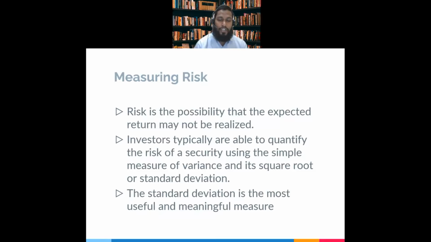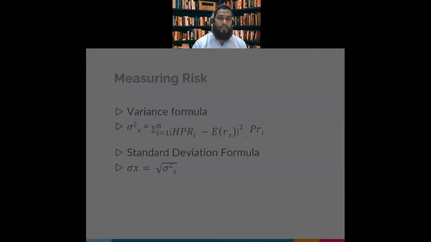Standard deviation is the most useful and meaningful measure, as we know from statistics, because it gives us how much it deviates from the average, or from the mean. So we can know how much it fluctuates. If the standard deviation is higher, it means the asset has higher risk. If it is low, it means that the asset has a lower risk.